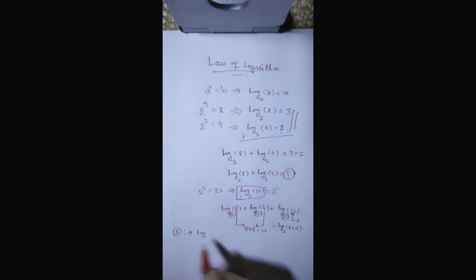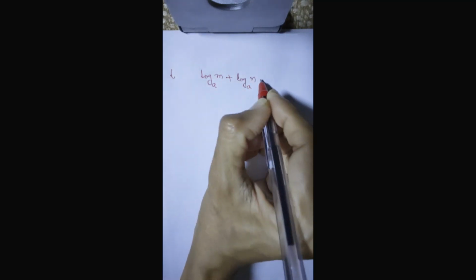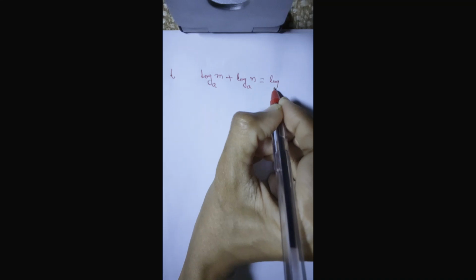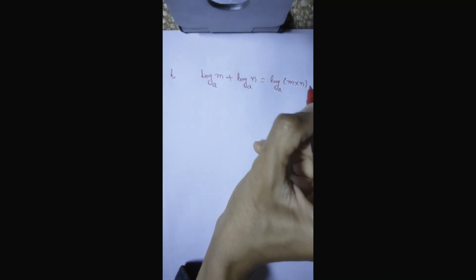In general, we can write log to the base a of m plus log to the base a of n is equal to log to the base a of m into n.